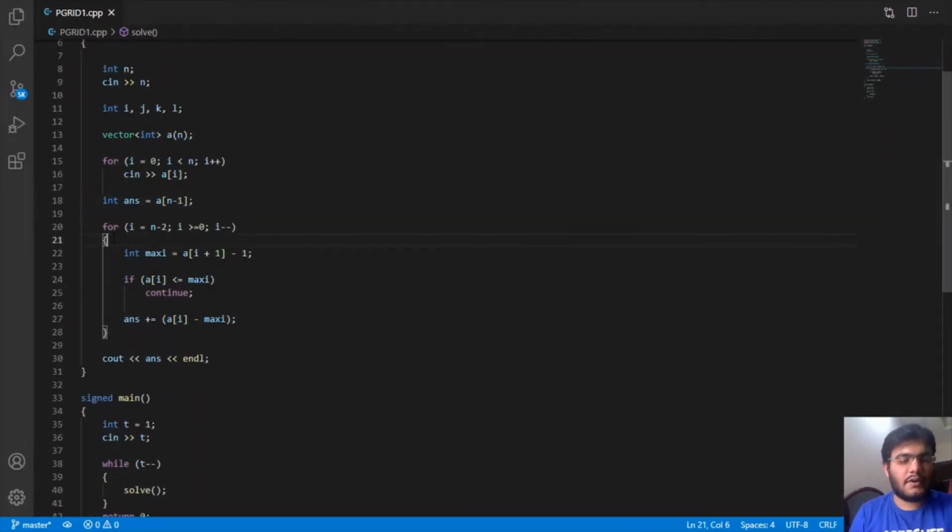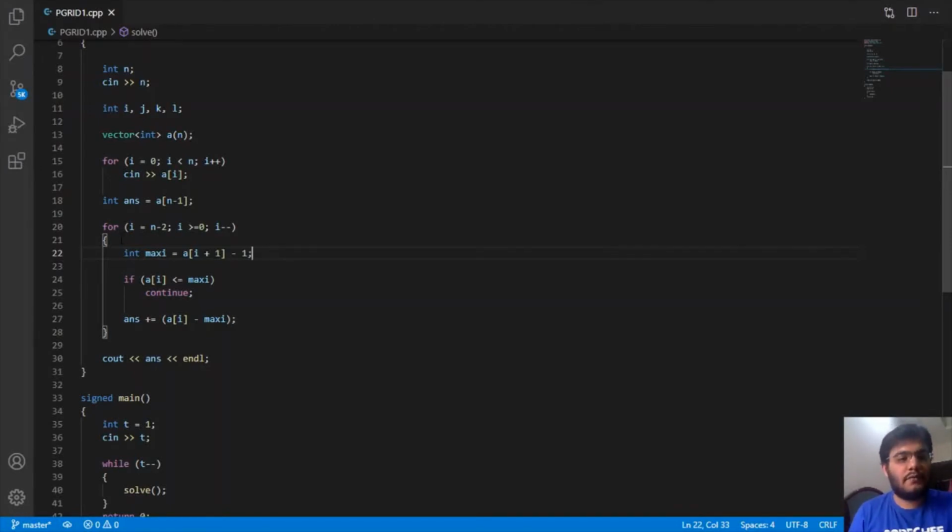Now we will start our loop from the second row onwards, and the maximum number of ones which we can cover of this row considering all of the steps of the previous row is a of i plus 1 minus 1, because the values of x and y are decreased by 1. So the maximum number which we can include for this row is the maximum number which we have started for the above row minus 1, because the value of y also decreases by 1.